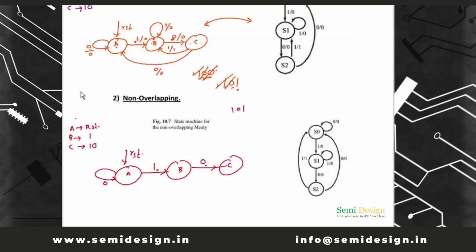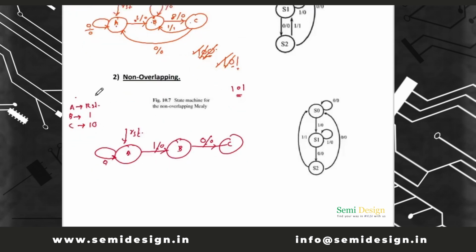Okay, now see at non-overlapping case, at A state 0 is here, so it will remain in A state. 1 is here, so it is going to B state. Okay, at B state, let me put 0 here for this A, and here also 0 because output will be 1 only when 1 0 1 sequence is detected.